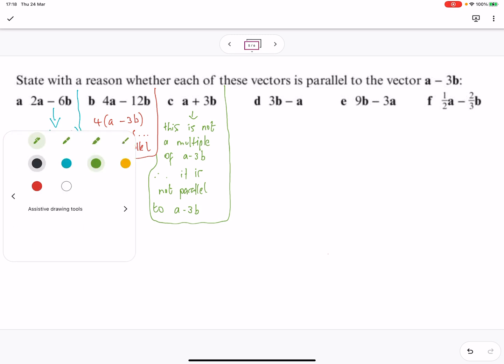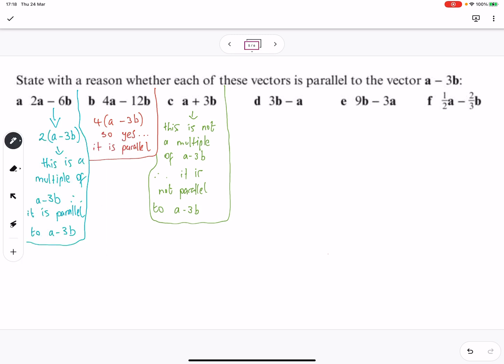So that being said, how do we go about doing maybe D? What's the deal with that one? D is parallel because it's arranged in a different order, but it's the same numbers. Oh no, my bad, I didn't see properly. Yeah, D is not parallel again, because 3b is positive and a is minus.